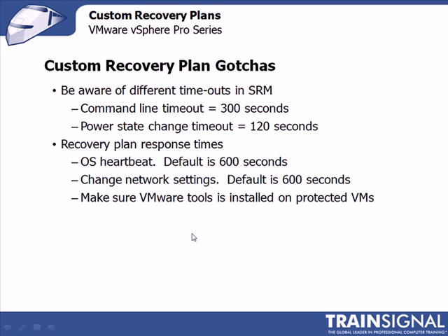Okay, well, we've learned about custom recovery plan steps, the difference between a failover and a test recovery plan, and some of the gotchas. But you really need to see this to fully understand it. So let's walk through a demonstration of what the steps look like, how we can change some of the timeouts, and how to add our own commands and messages.